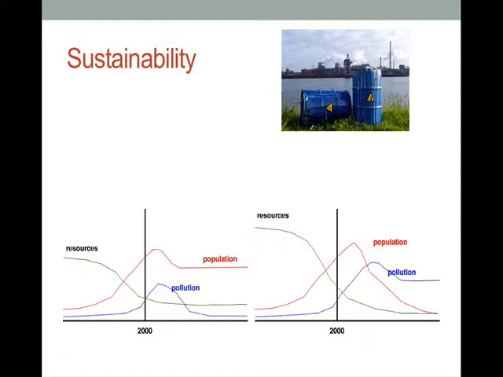And this can happen even in a small community. You can have too much animal waste. You can have too much household waste, and it ends up polluting the lake. So this is like the first line of defense: you have to maintain a relationship between resources and what happens to those resources so it doesn't accumulate as pollution.